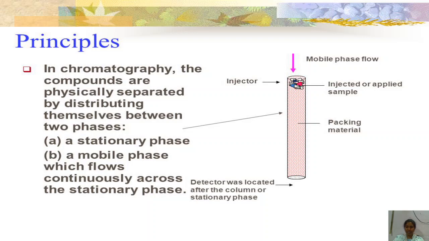Like that, depending upon the partition coefficient or distribution coefficient of the components between the stationary phase and the mobile phase, the components present in the mixture are separated into individual components. Means the basic principle involved in chromatography is the distribution coefficient or the partition coefficient.